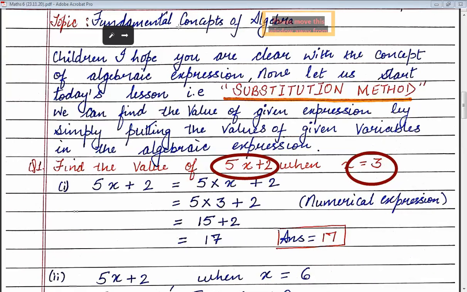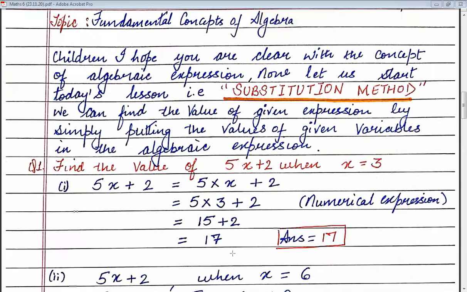So let us find out the value of the algebraic expression. Now, 5x plus 2 is equal to 5 multiply x plus 2. What is the meaning of 5x plus 2? It means 5 multiply x plus 2.